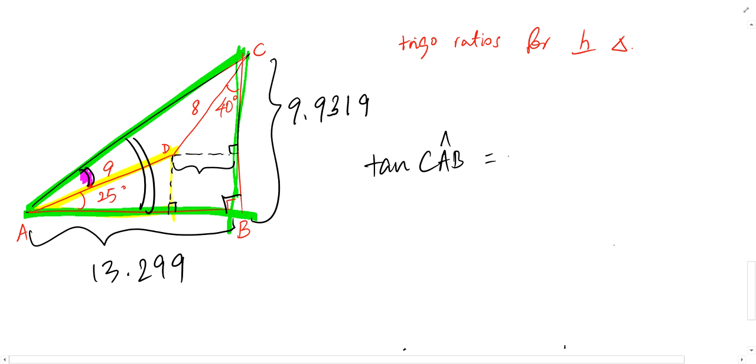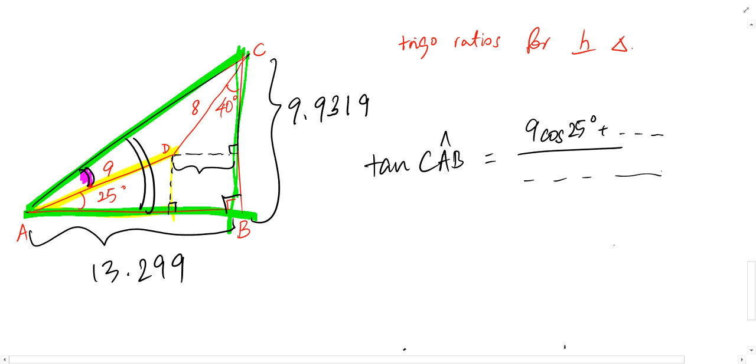CAB equals to 9.9319 divided by 13.299. Like I said, these 5 SF, they are okay for your intermediate steps. But if you are kiasu like me, you will end up writing 9 cosine 25 degrees plus whatever.